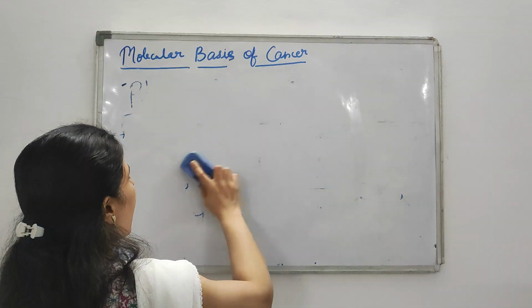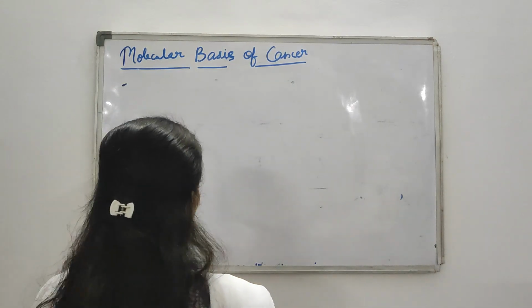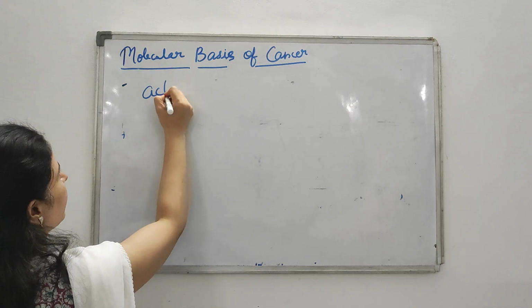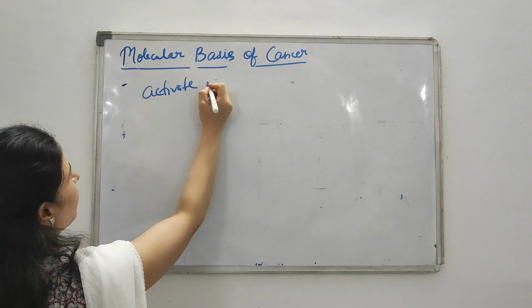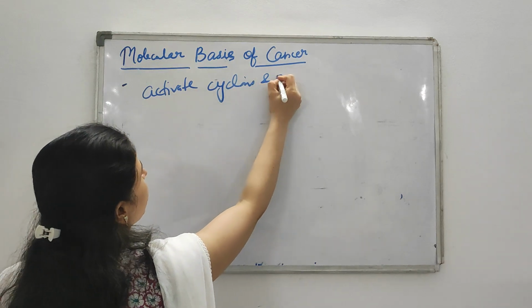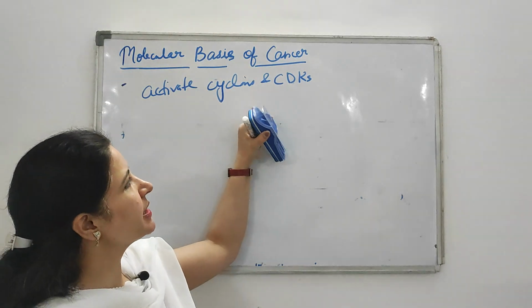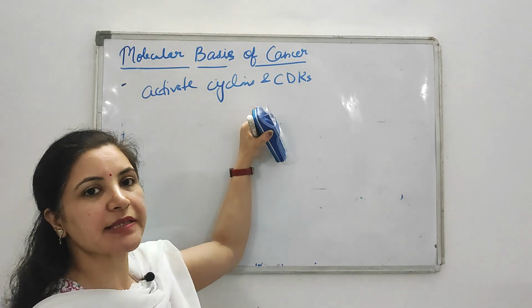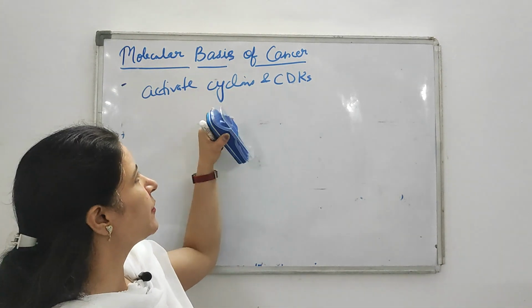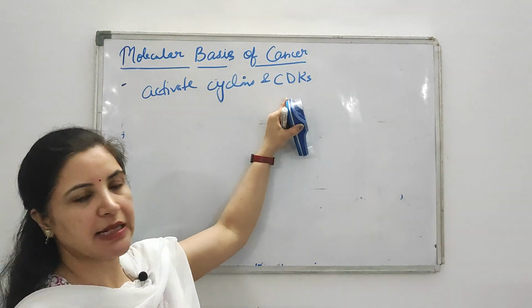What will this complex do? It will activate some cell regulatory proteins, cyclins and CDKs. These cyclins and CDKs are cell cycle regulatory proteins required for the normal cell cycle.